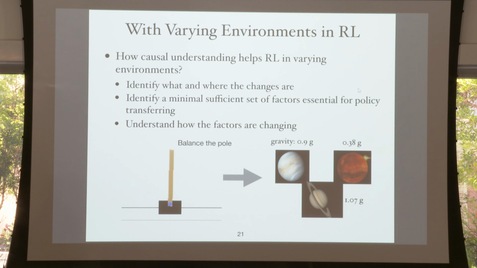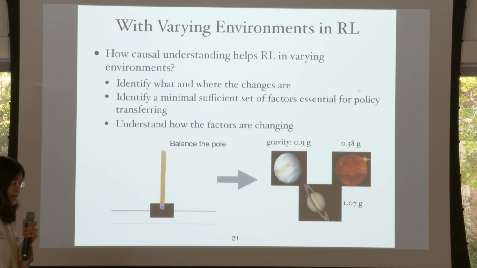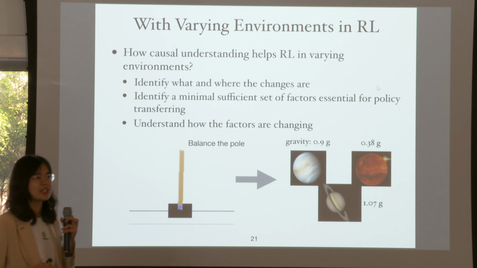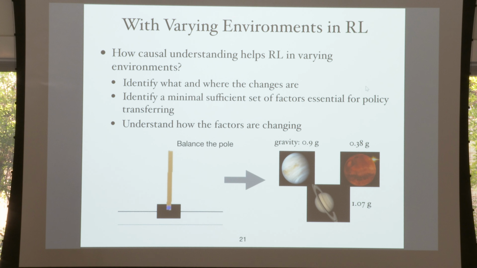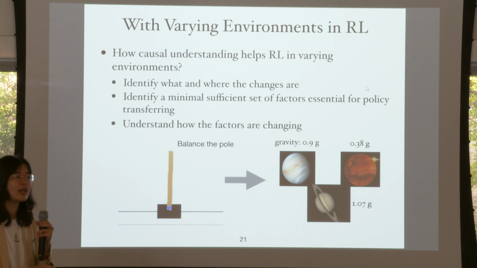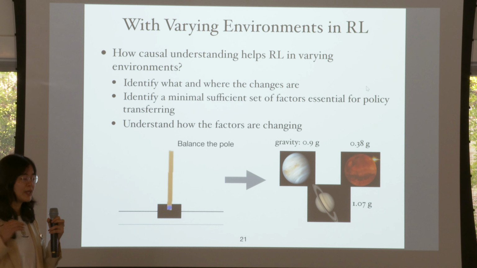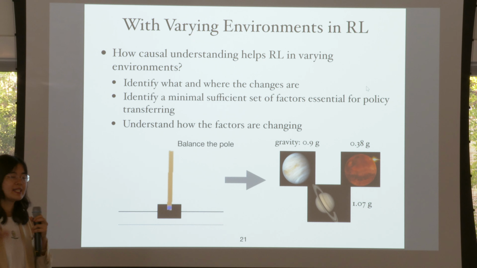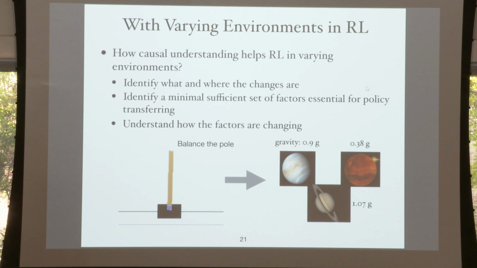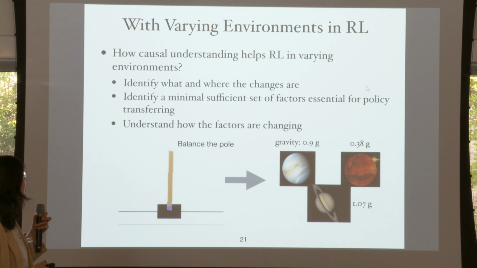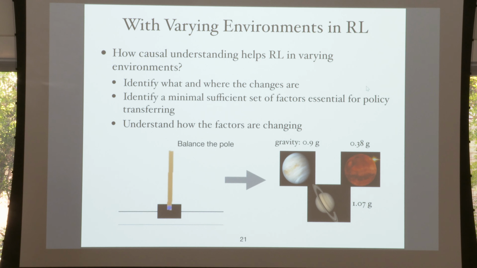Furthermore, we know that our real world is always changing. Then how can we make use of previously learned knowledge so that we can do quick adaptation when facing new environments? Basically, we can make use of the following properties of causal understanding in order to help transfer reinforcement learning.